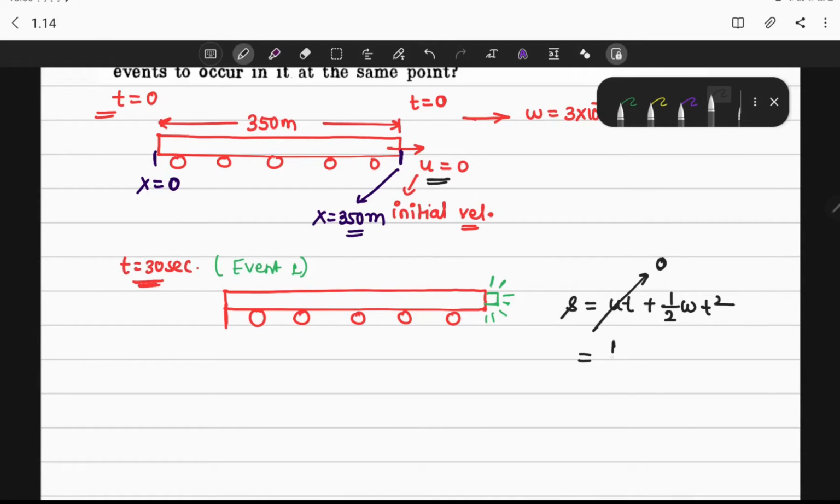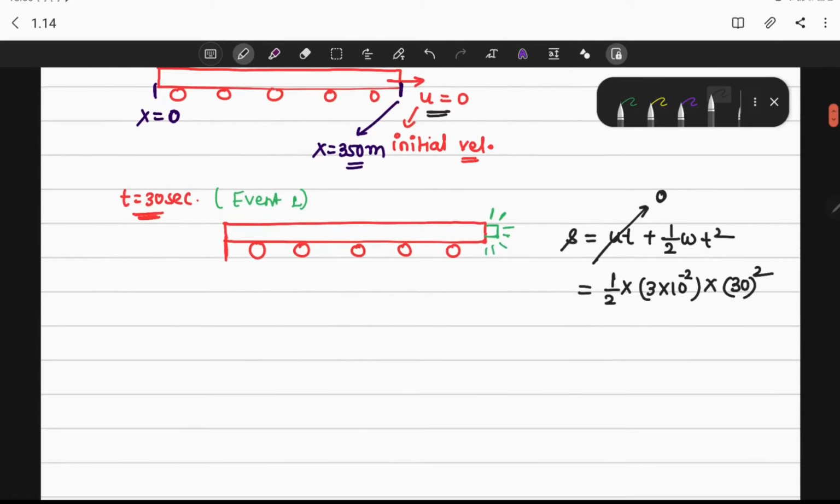Then s is half into 3 into 10 to the power minus 2 into 30 seconds whole square. If we solve this, we get 13.5 meter. So the train has moved 13.5 meter.